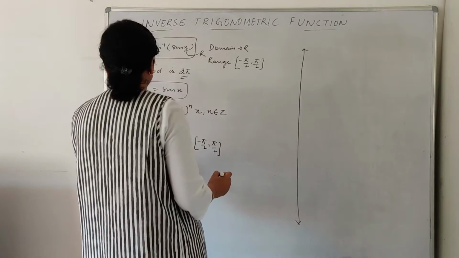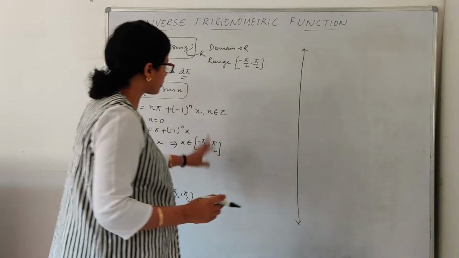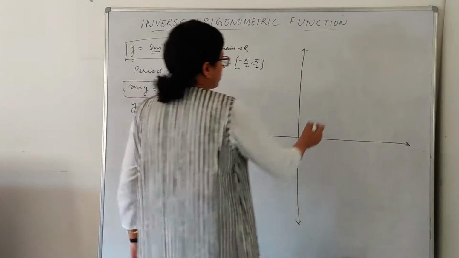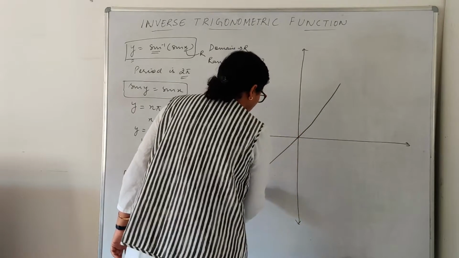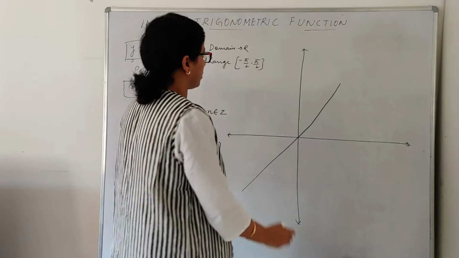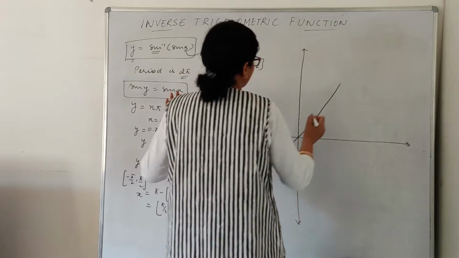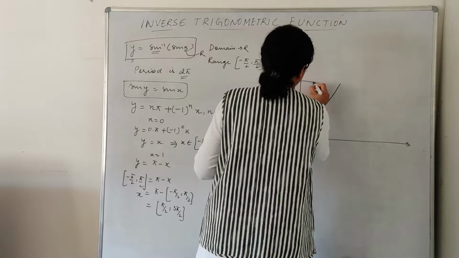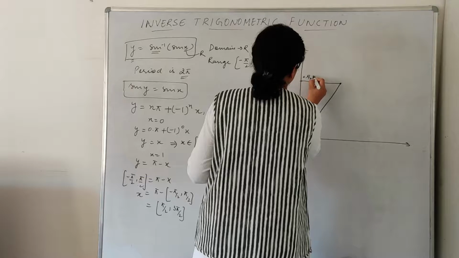So y is equal to x, and the value of y is fixed. It is closed interval minus pi by 2 to pi by 2. Y equals x, so it will be something like this line, y is equal to x. I have said whatever is the value for y will be the value for x. For example, if I am talking about this point, this will be 0 comma pi by 2.